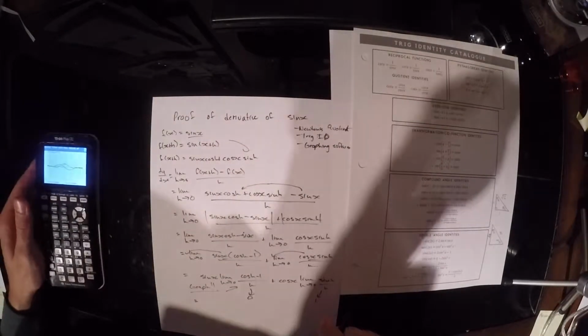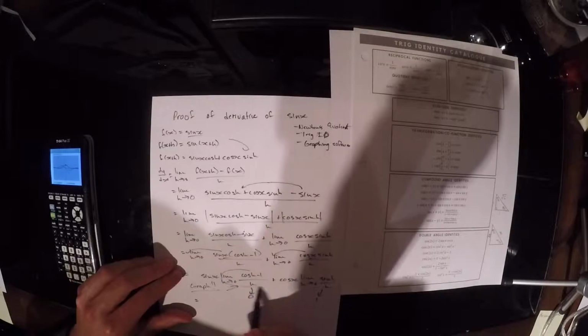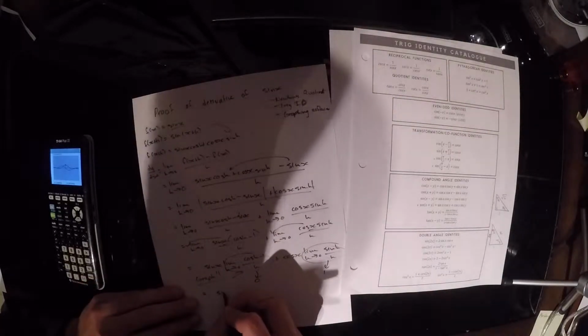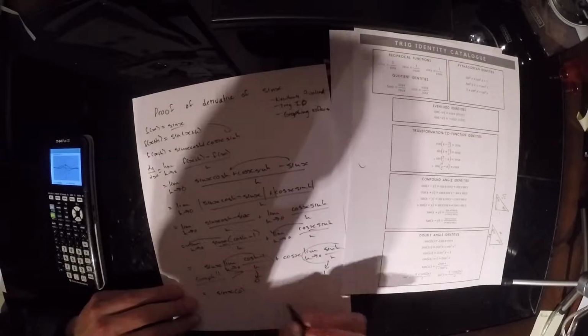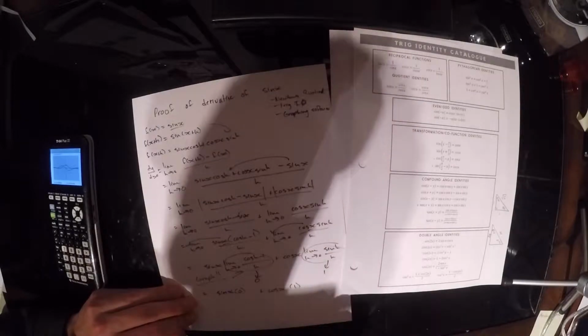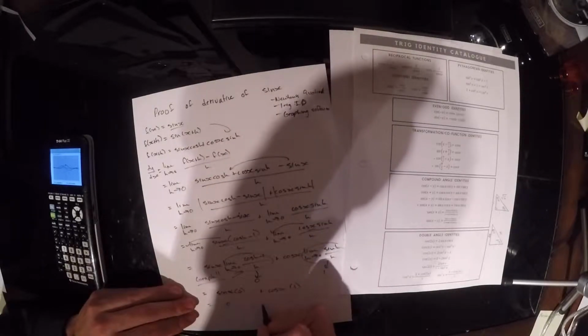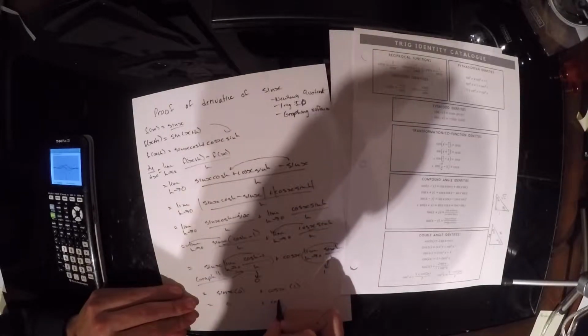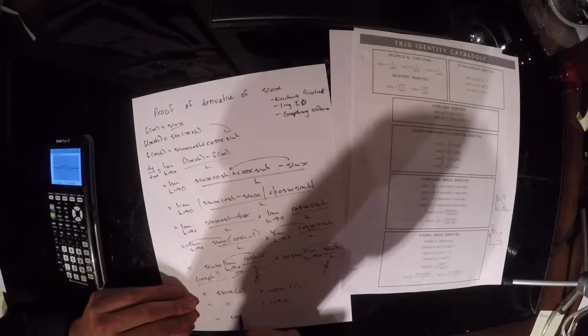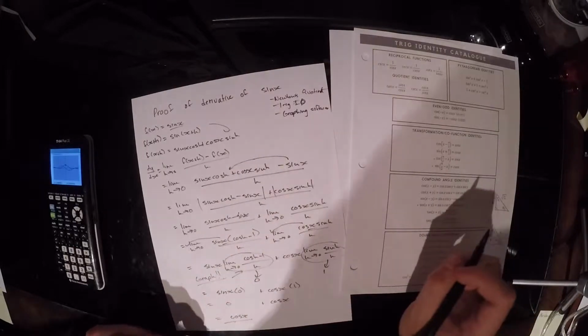So now we know that this is equal to 0, this is equal to 1. So we have sine x times 0 plus cos x times 1. This is 0. This is cos x. Therefore, the derivative of sine x is equal to cos x.